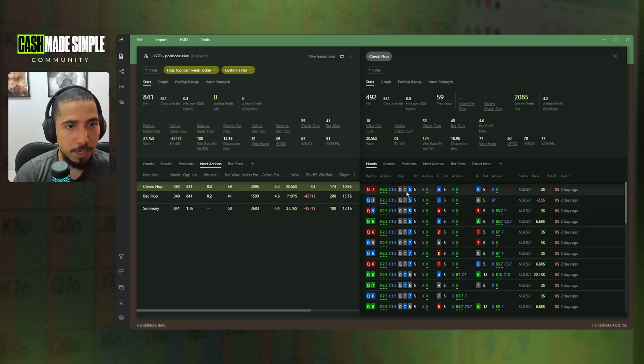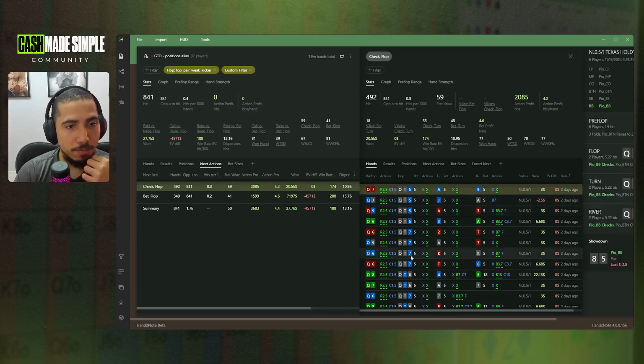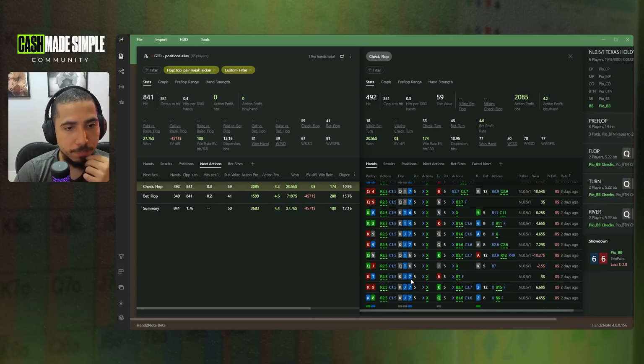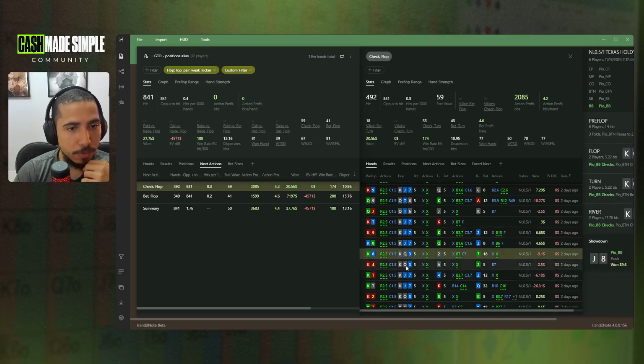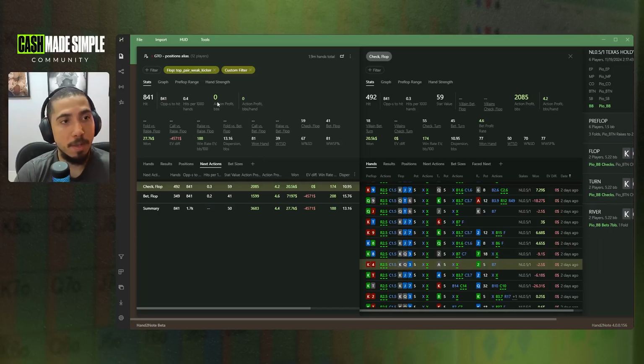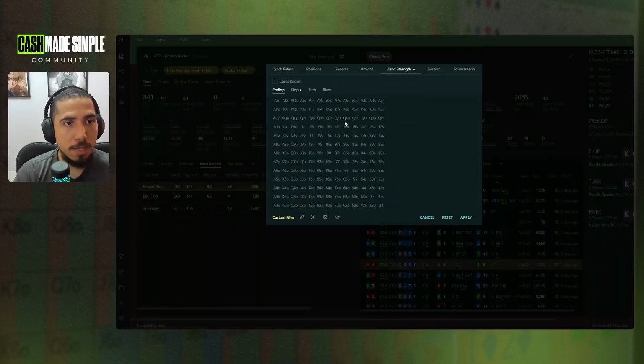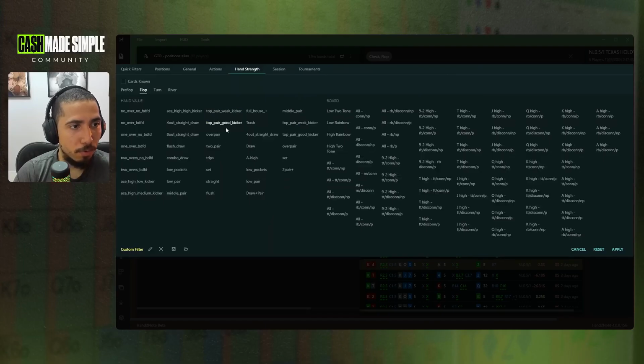We gotta be checking back those top pairs on those polarizing boards. So queen 7 on queen 10-5, queen 9 on queen 10-7, king 10 on king jack 7, king 9 on king jack 7, king 8 on king queen 3, king 4 on king queen 3. Okay, so a lot of checking with the top pair weak kicker region, as expected, right? It's a pretty polarizing situation.